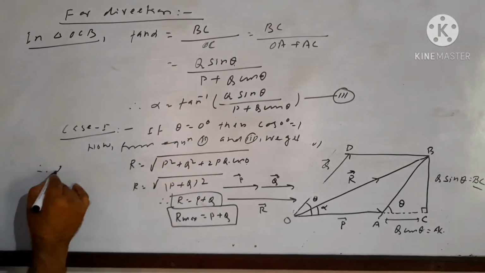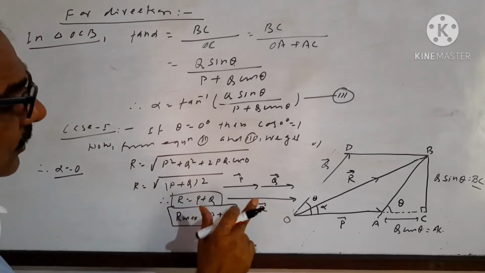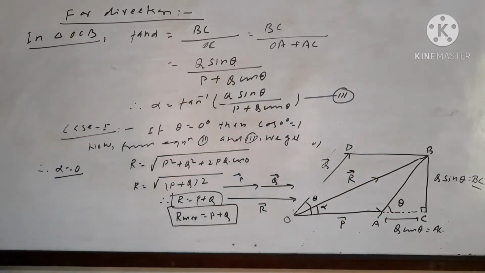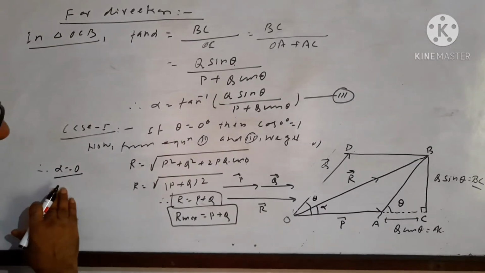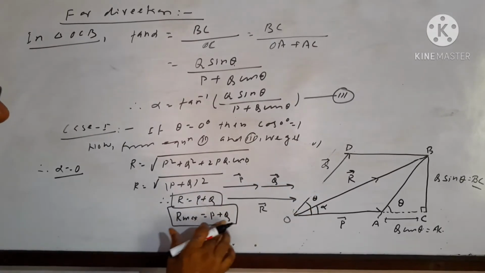Therefore alpha equal to 0 degree. It means the direction of the resultant is also along the direction of the vectors P or Q.